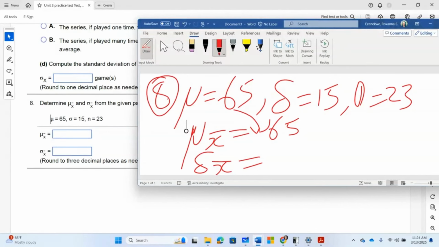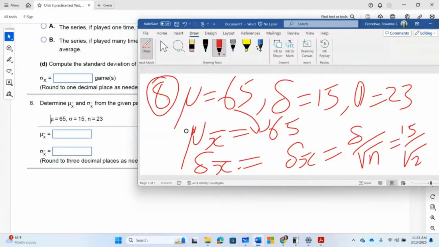The standard error, which is the standard deviation of the central limit theorem, is equal to the standard deviation divided by the square root of the sample size. The standard deviation is 15 right now, divided by the square root of 23.